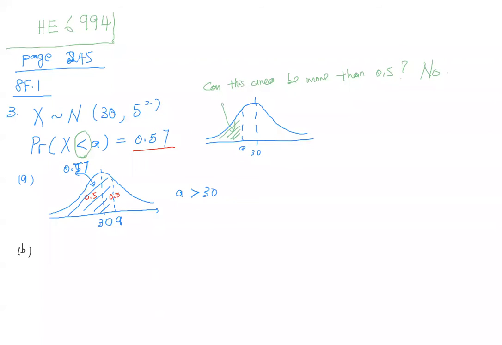Okay, so now, if given probability, if given probability, you want to find the value of X, probability means 0.57 here, to find the value of X, what must we use?